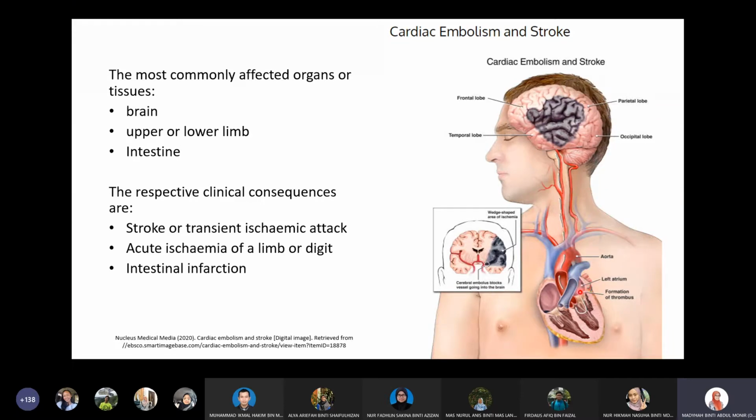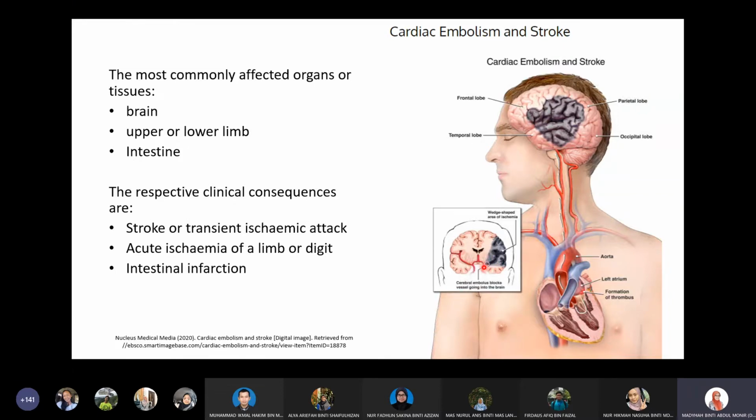Then from the heart, the thrombus detaches and becomes an embolus. So it travels through the arterial system in the aorta, and it goes to the distal side, and in this case, the embolus blocks the vessel that goes into the brain.